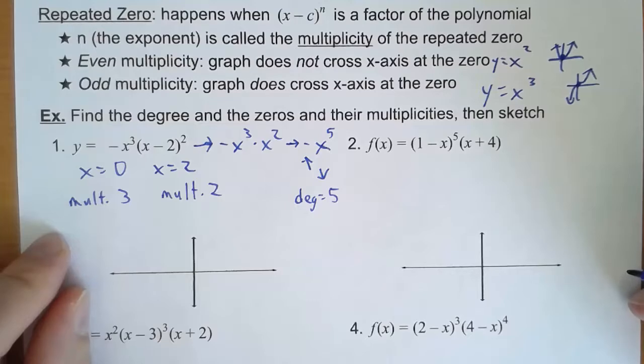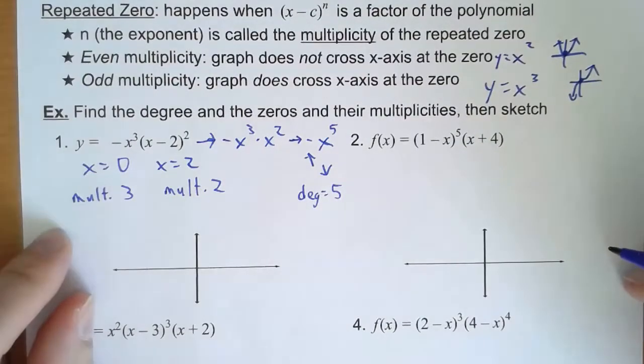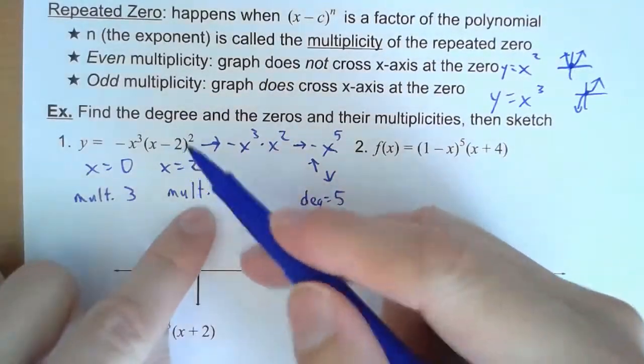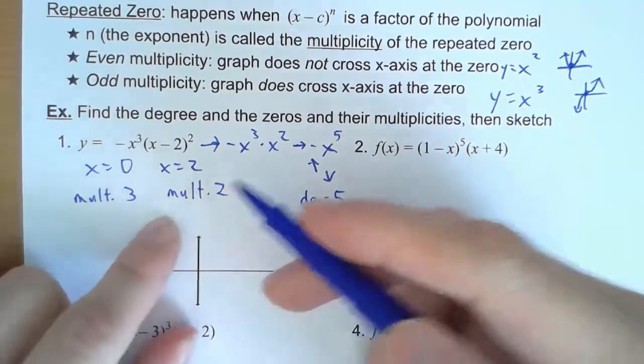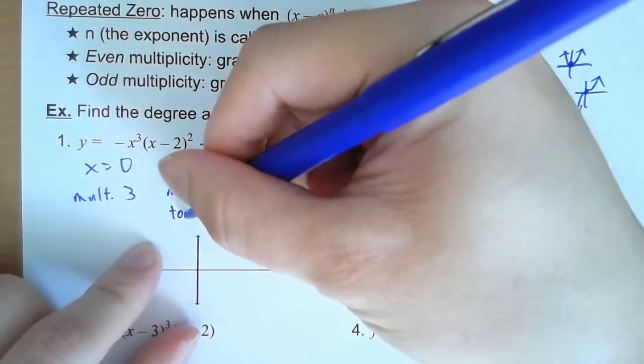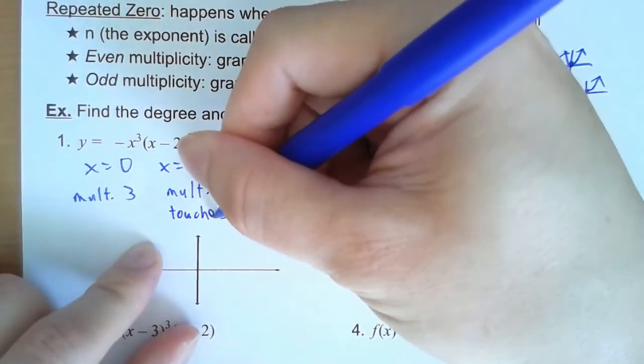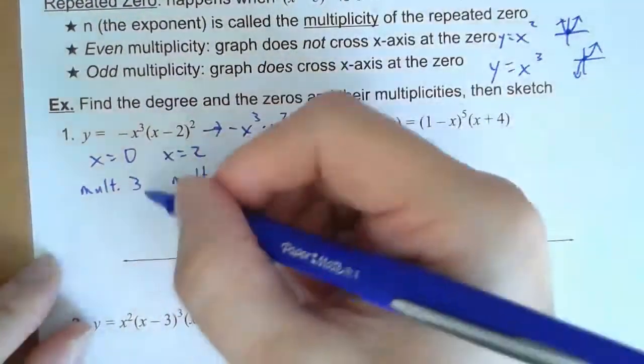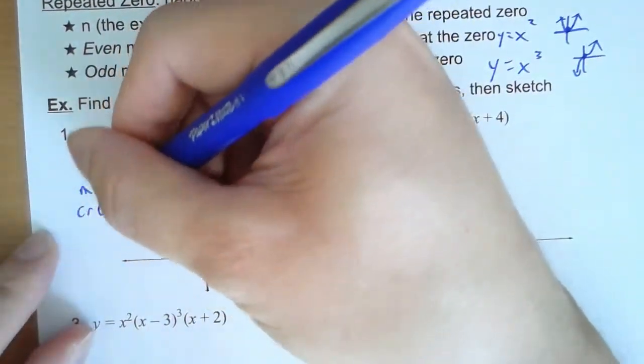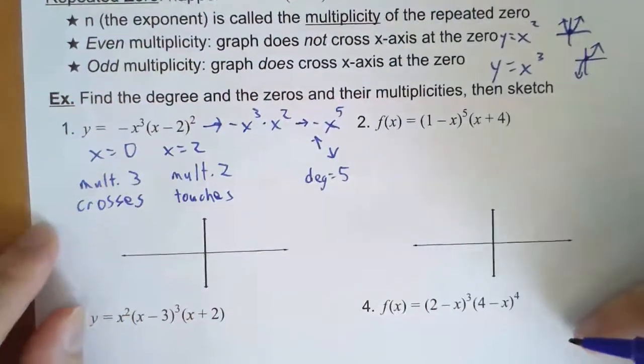And that's going to tell us whether or not they cross. So this graph at one of the solutions is going to cross, and at one is not going to. This 2, that's the double root. This one has an even multiplicity, so it's just going to touch the x-axis. It's not going to cross. With an odd multiplicity, it is going to cross through.